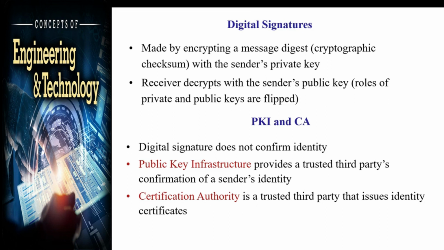So we have the digital signatures. A digital signature does not confirm the identity, so we need to use authorized people for the confirmation of the senders and all those things. Similarly, we will be looking for the certification authority.